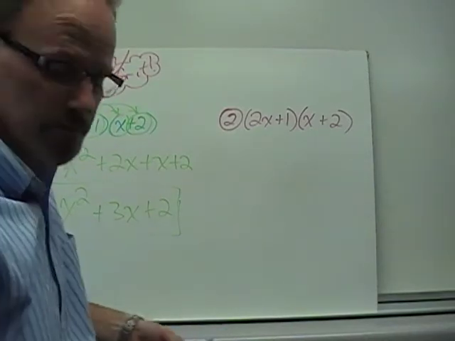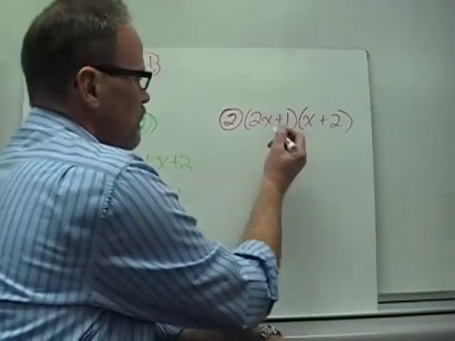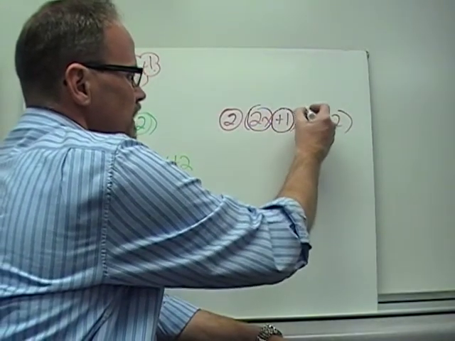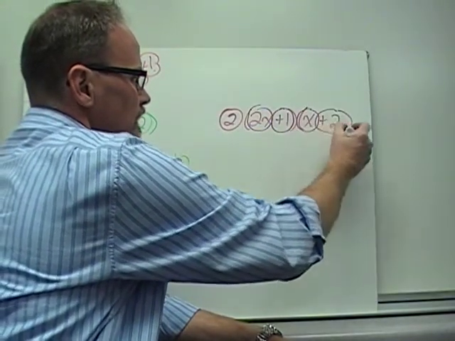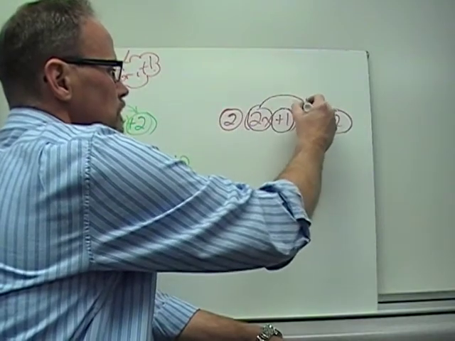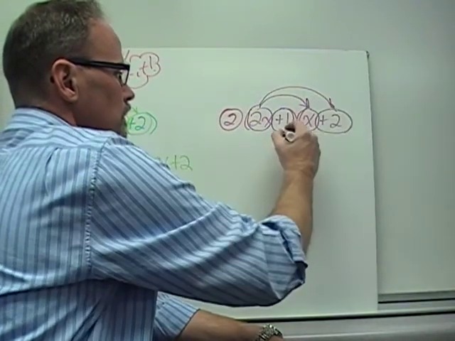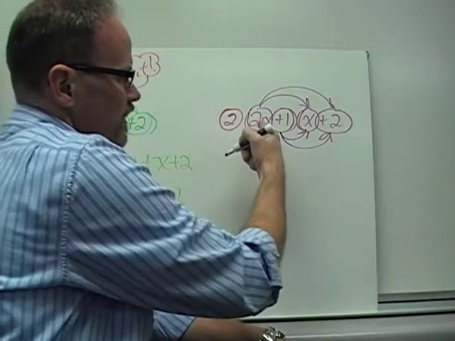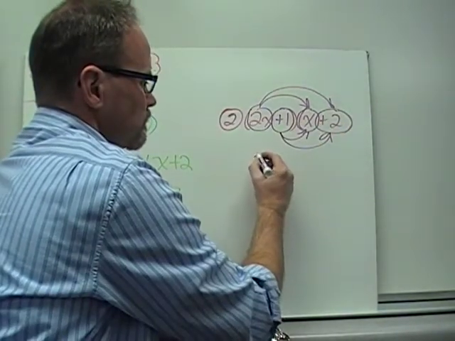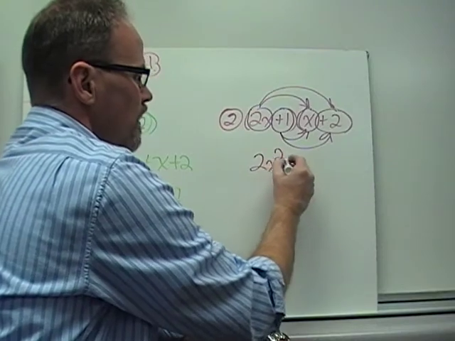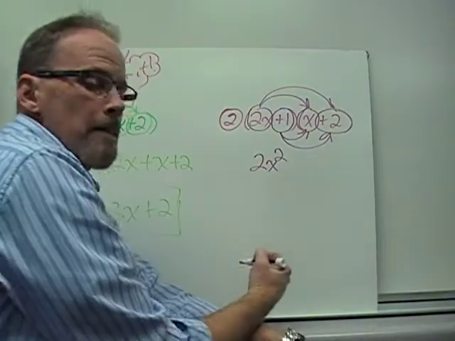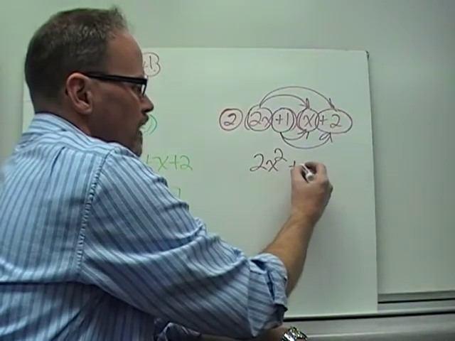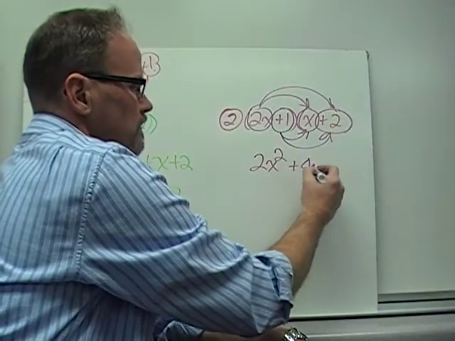Number 2. Go ahead, do your circle strategy. Keep those signs inside the bubble with the term. It's all right. All right, 2x times x. Well, that's 2x squared. That's positive. 2x times positive 2, positive 4x.